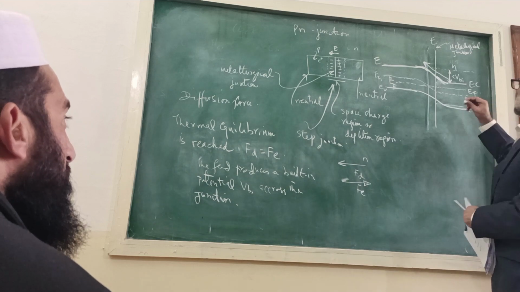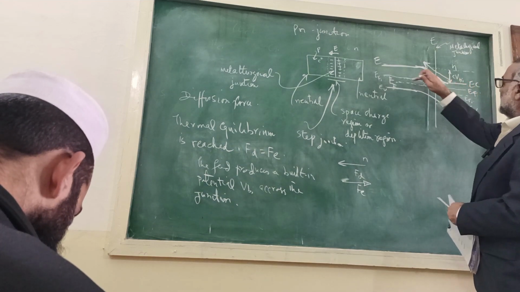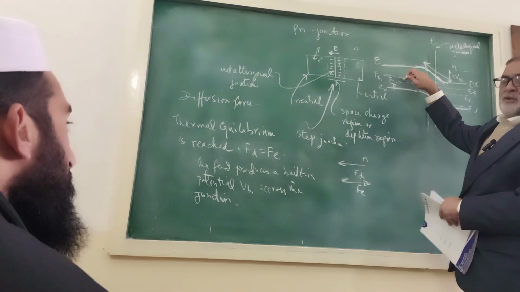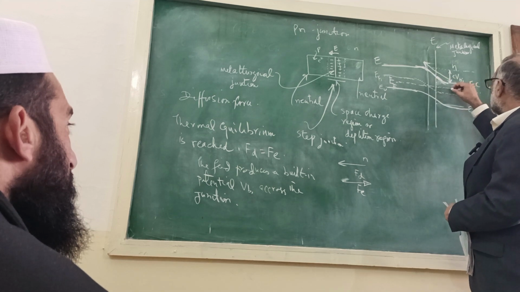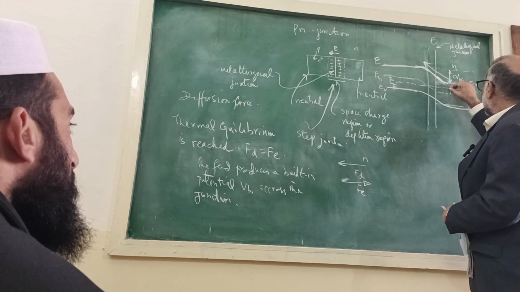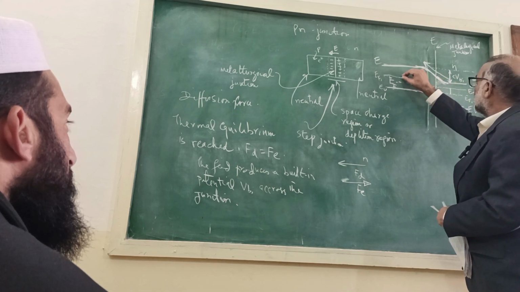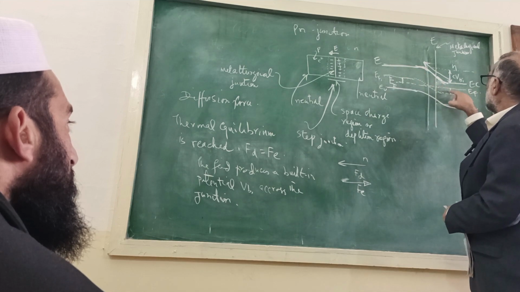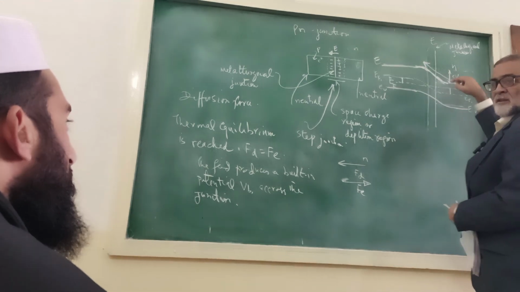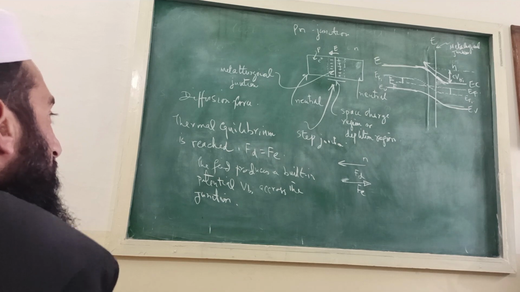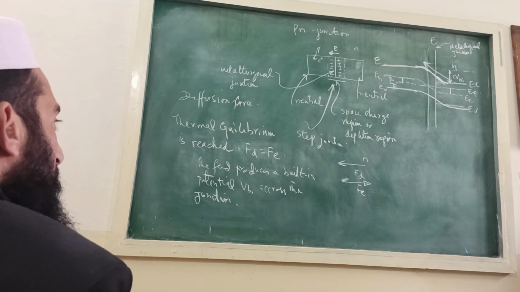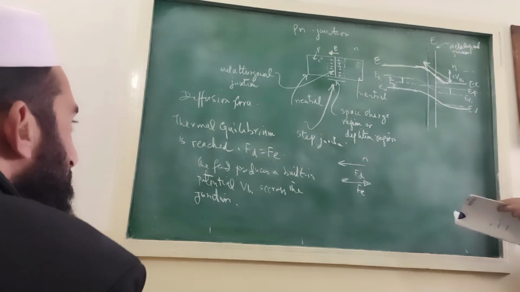It can be written as a summation of this and this, the difference in the two Fermi energies. When we add these two, they equal this energy.